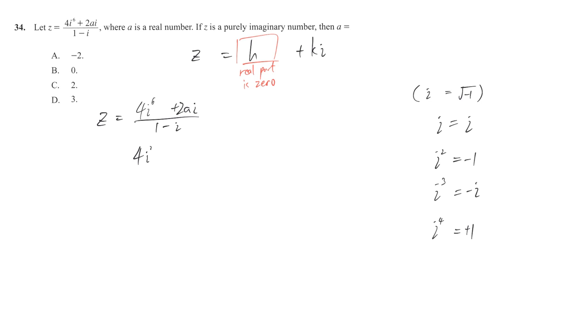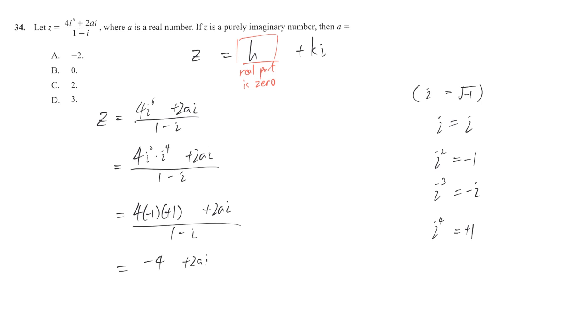I power 6 means i power 2 times i power 4. Then i power 2 we replace by negative 1, and i power 4 we replace by positive 1. So we have negative 4 plus 2ai here over 1 minus i.